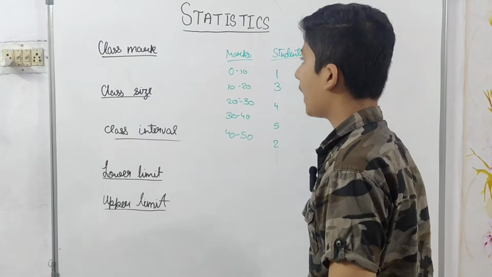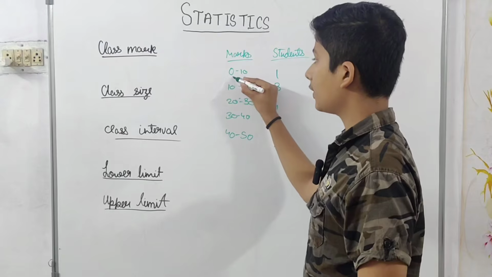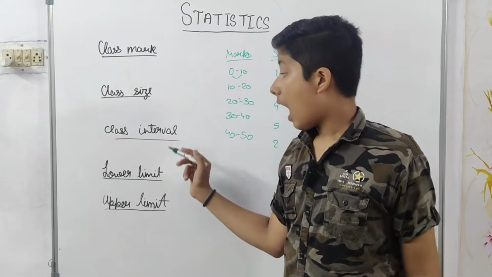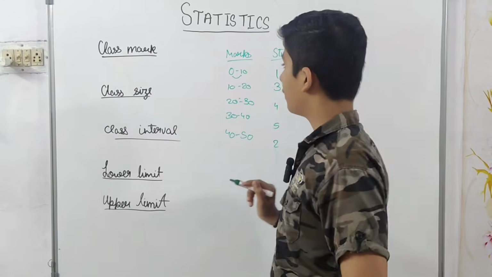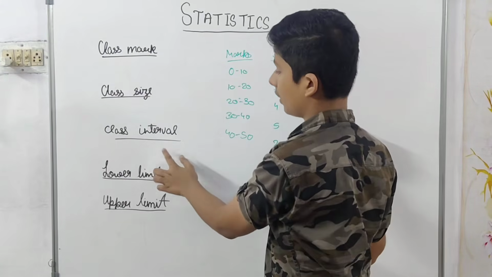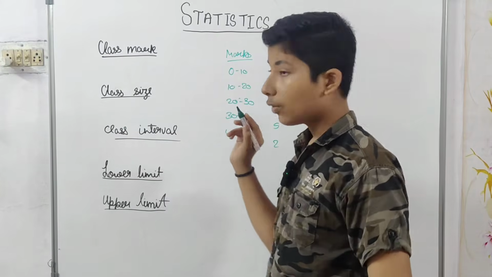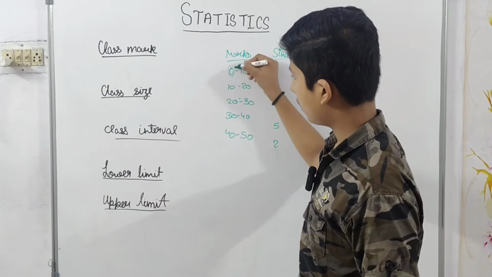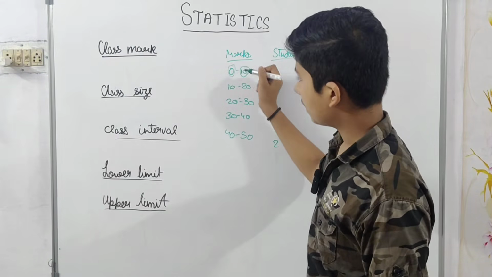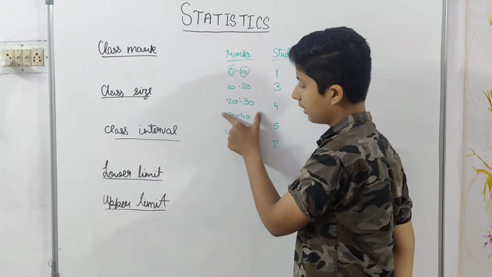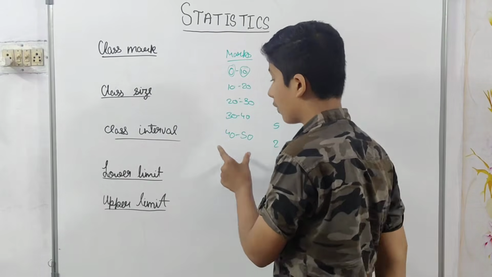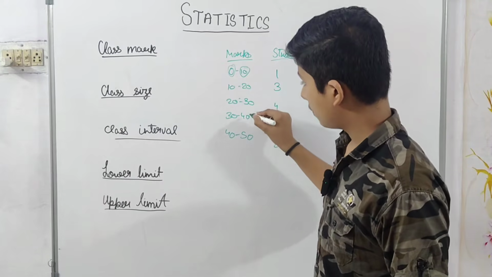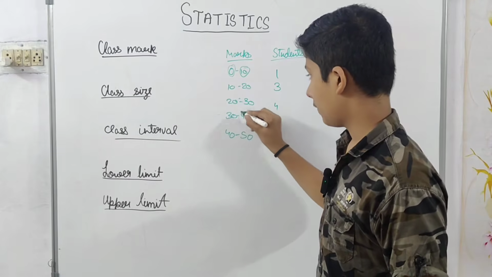Now if you find the class mark, it would be the first term plus last term divided by 2, meaning the average of the upper limit and lower limit. Now before understanding these three, we will have to understand these two. So lower limit: in the first one the lower limit will be the lower one, and the upper limit this bigger one. Okay, and in the same way if someone asks you to find the upper limit of the fourth one, it would be 40.